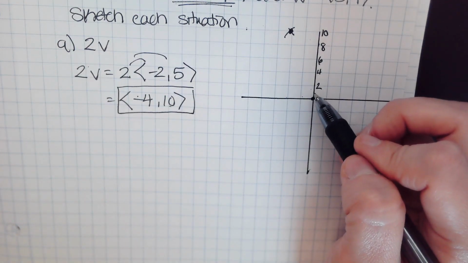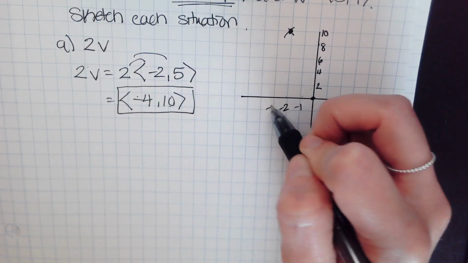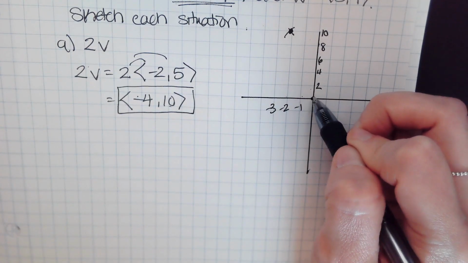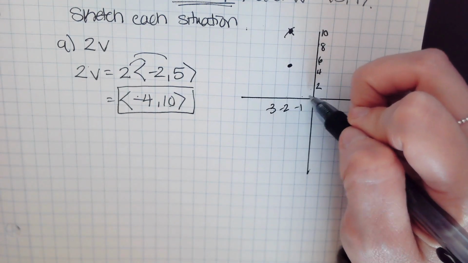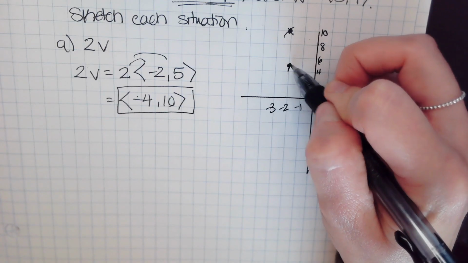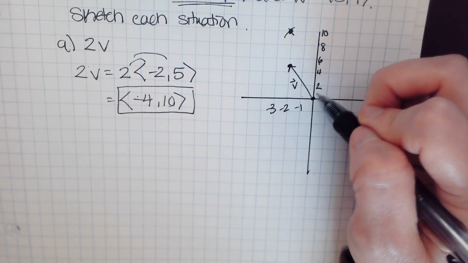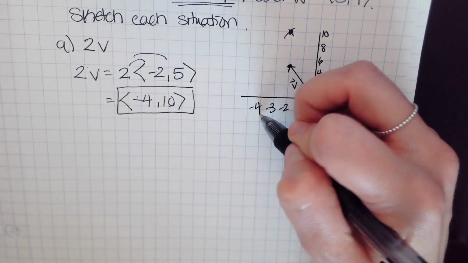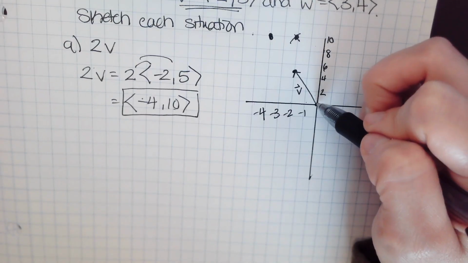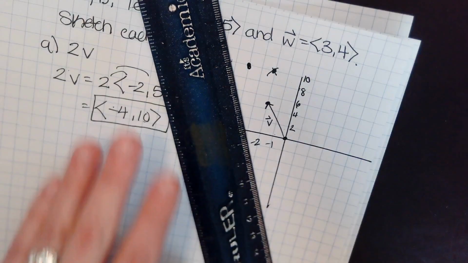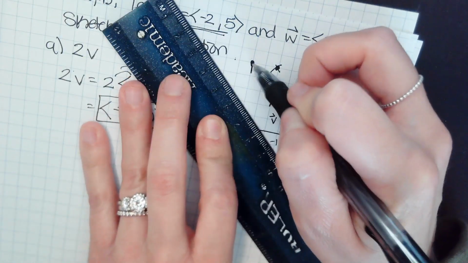So my initial vector then would be, this I'll count by 1's, -2. So 0, 0, and then -2, 5 would be our original vector v. And then -4, 10, so up here, that is my ruler, from 0, 0 still.